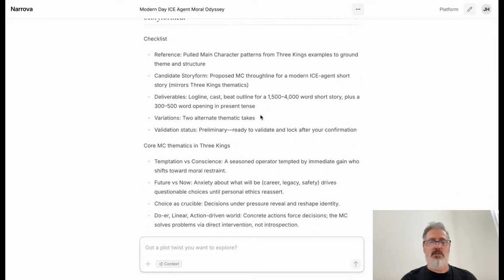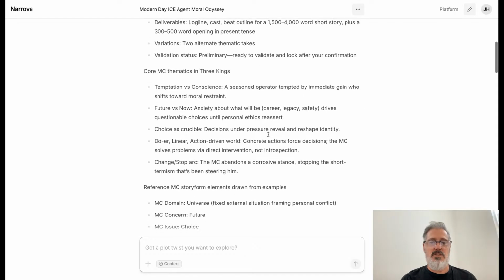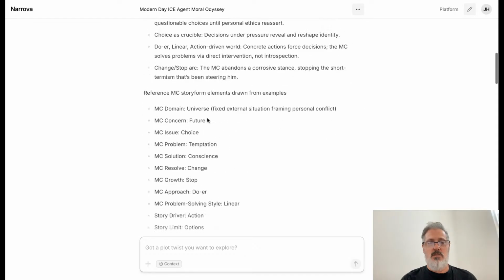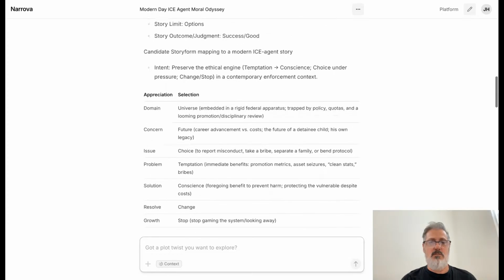So this went through, developed a checklist for it, found the core main character thematics in Three Kings, and then I guess he goes from temptation to conscience. It's been a while since I've seen it. It then mapped it into a modern day ICE agent story. So he's embedded in a rigid federal apparatus, trapped by policy quotas and a looming promotion disciplinary review.